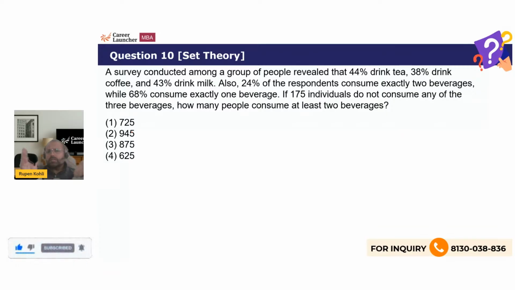So, this question is about this thing of exactly 1, exactly 2, and all 3. So, there is a standard rule book for this also. In case anybody is not aware, let me quickly state this.